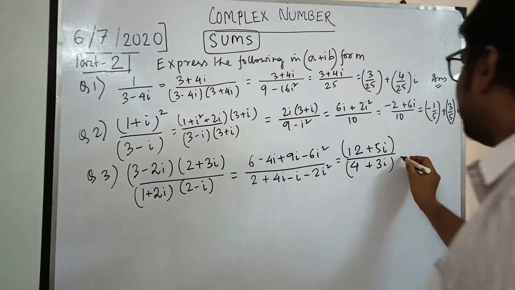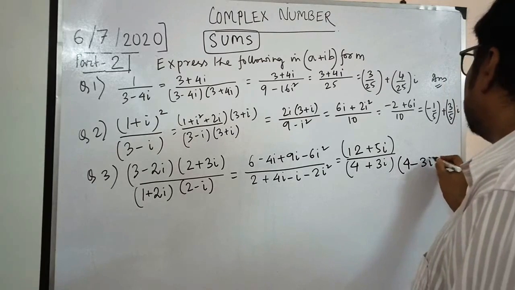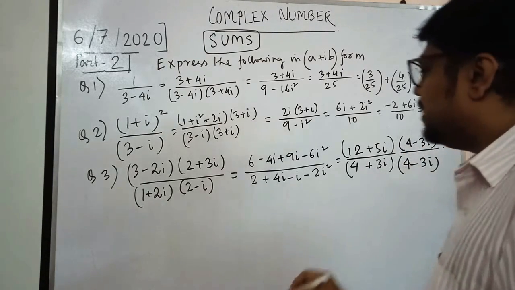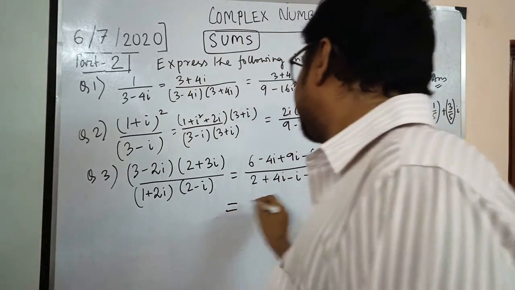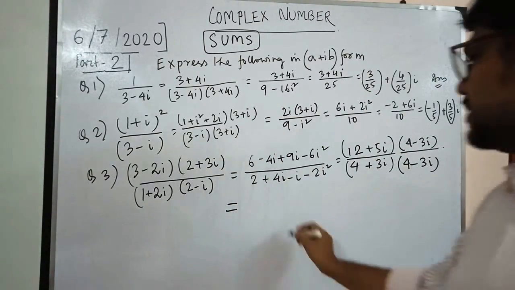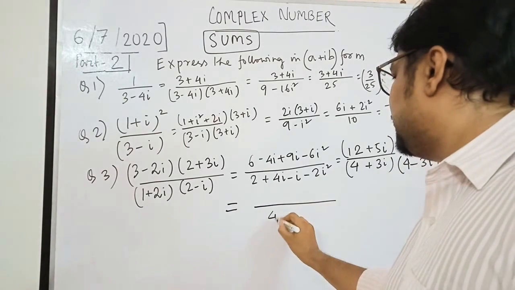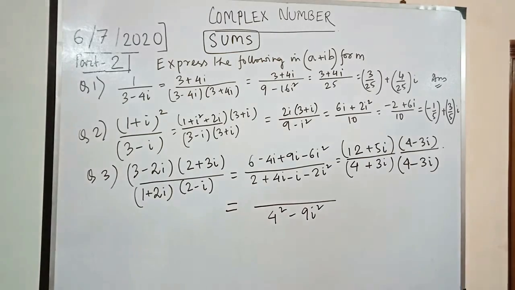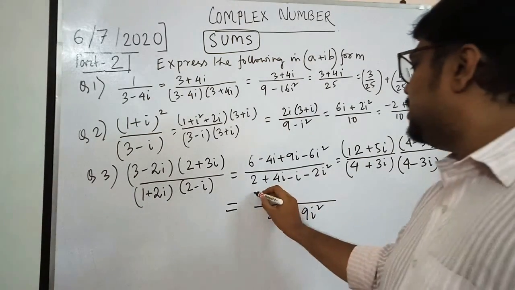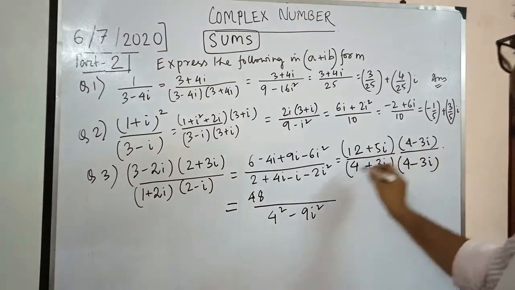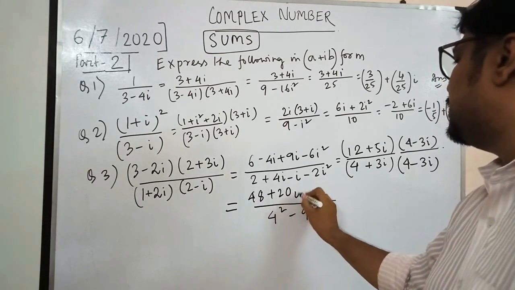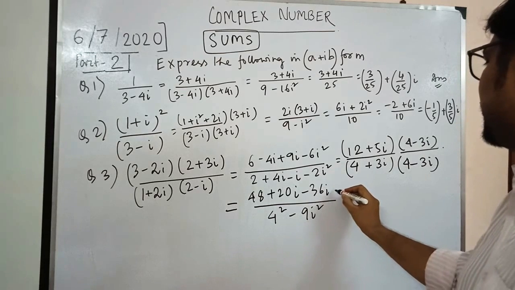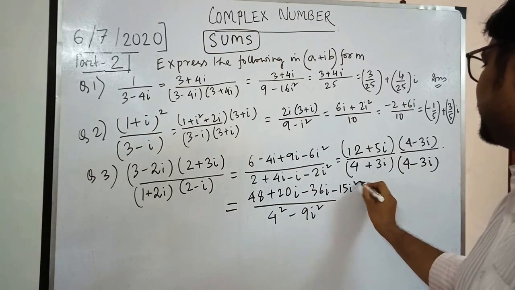So we are going to rationalize this, multiplying by 4 minus 3i. If you multiply with this, obviously the denominator will be 4 square minus 9i square. The numerator is 48, then 20i, then minus 36i and minus 15i square.